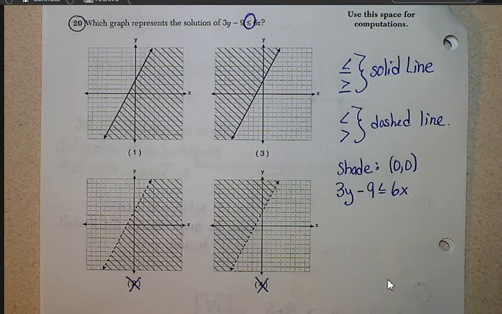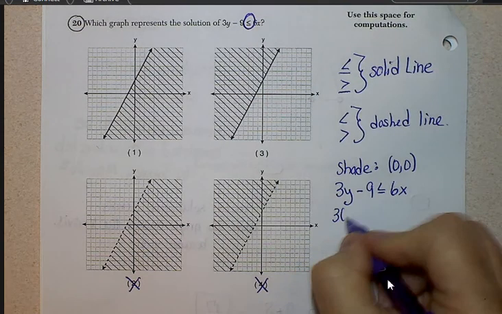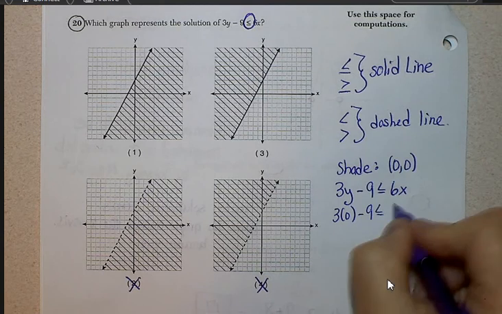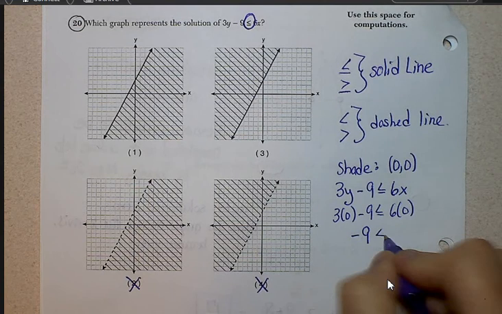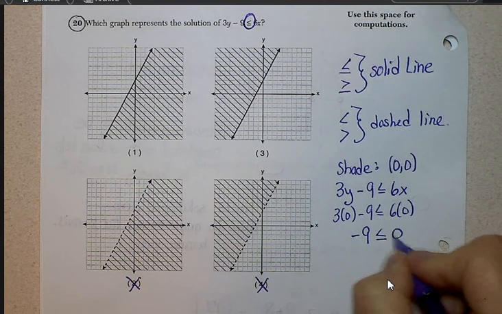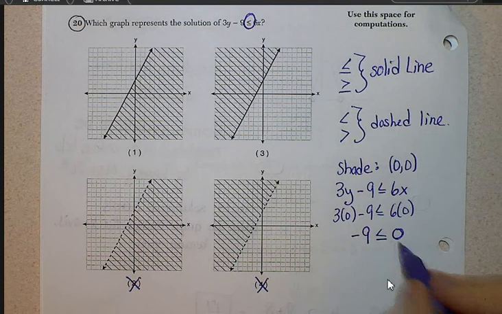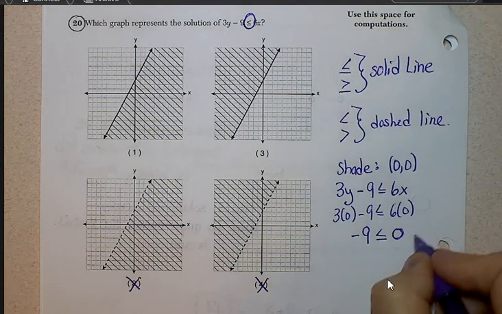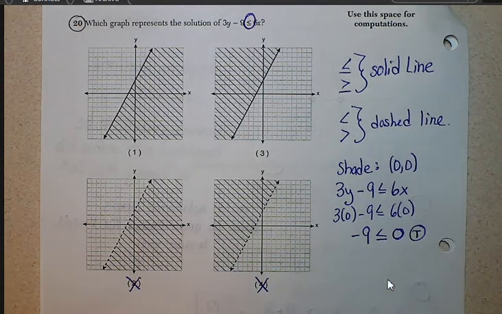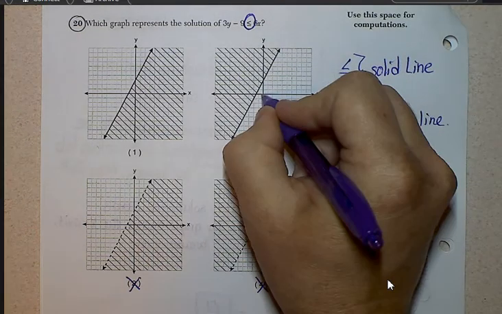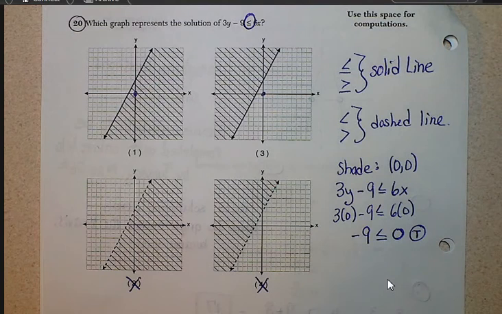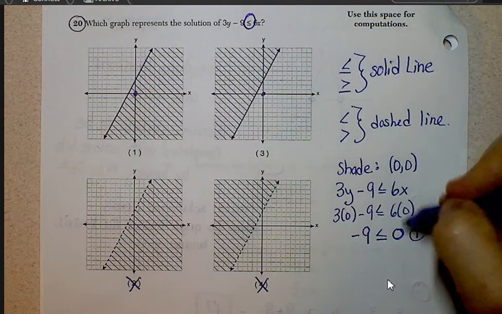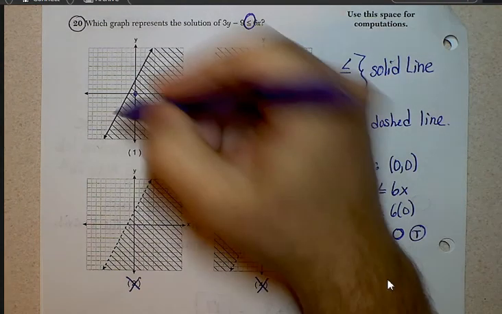We plug in 0 for y, we plug in 0 for x, and we wind up with 3 times 0 is 0 minus 9. We get negative 9 is less than or equal to 6 times 0 is 0. Is negative 9 less than or equal to 0? That is true. Since it is true, the side of the line that contains 0, 0 is the solution. So here are the two choices that are left. Which one of the two choices that are left contains 0, 0 in the solution set? That would be this one.